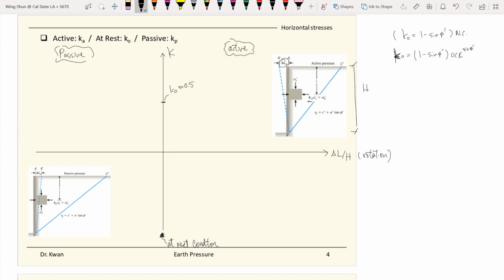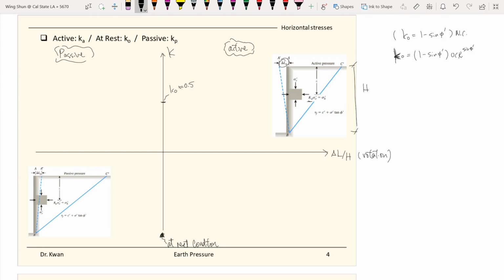K naught is more established and more straightforward, but Ka and Kp will be very complicated because you involve soil-structure interaction, the retaining walls and backfill soil interactions.